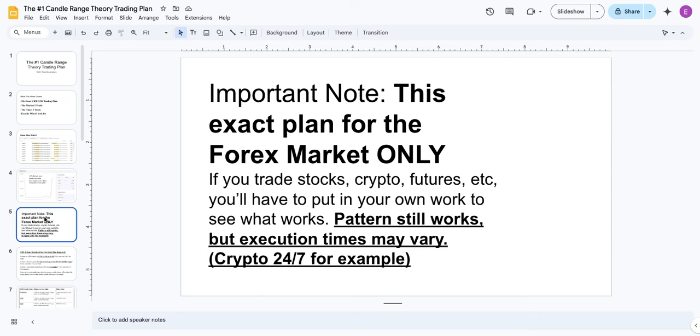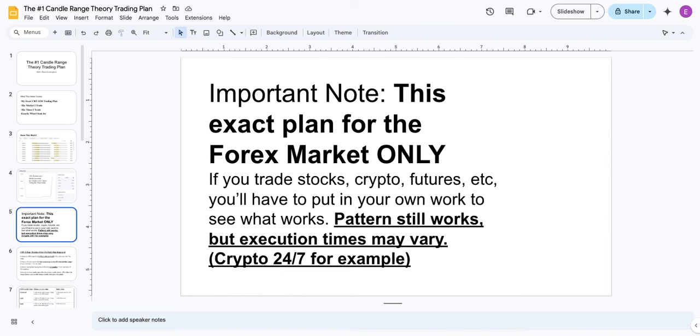The first thing before we get started is the following: this plan is only for Forex traders, currency traders. If you trade stocks, cryptos, futures, etc., you have to put together your own plan. The execution times and everything like that will be contingent on your market, because crypto, for example, trades 24/7.